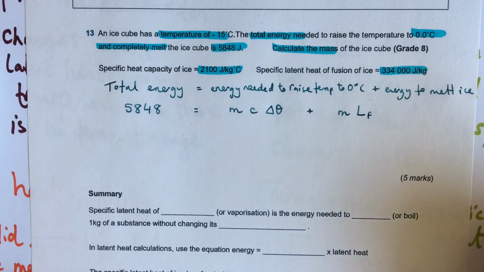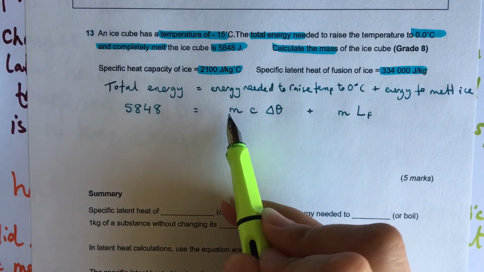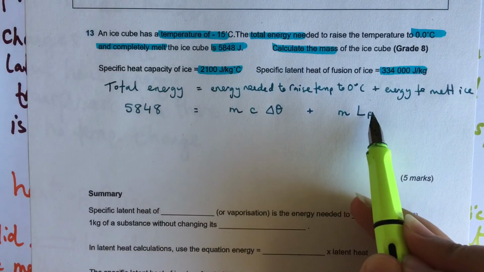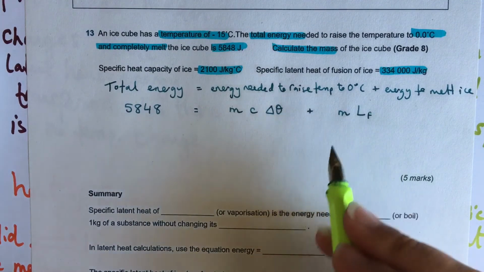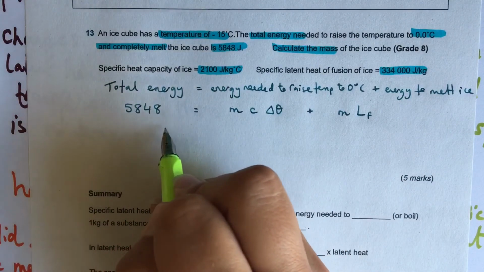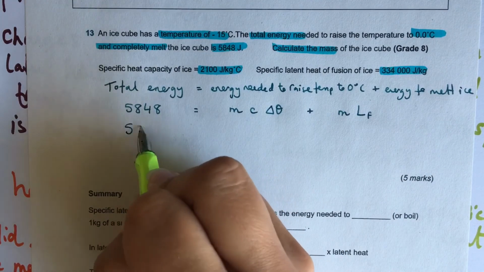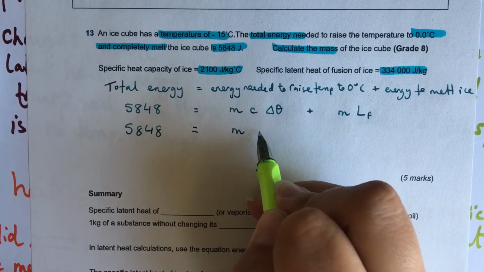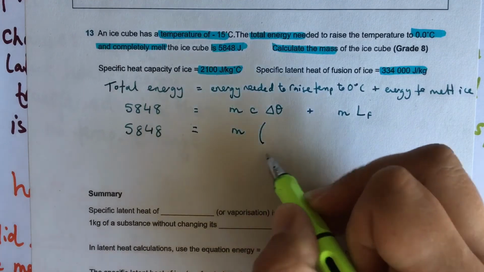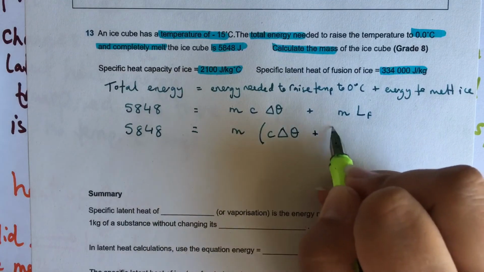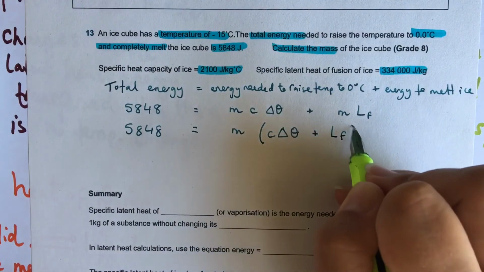So what you might know in algebra is because I have mass multiplied by two things plus mass multiplied by something else, I could put this into brackets so that I have that my energy, so 5,848, is equal to mass multiplied by specific heat capacity times the change in temperature plus the latent heat of fusion.